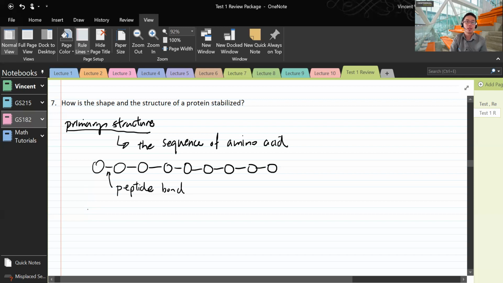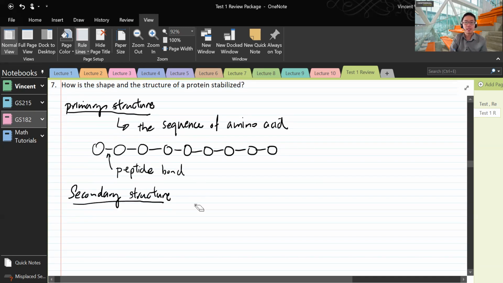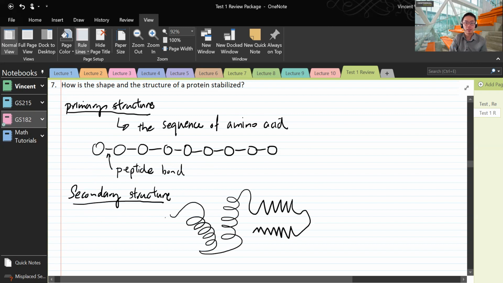That's something to know. And then we have the secondary structure. This is when the primary sequence coils up in some parts and forms zigzag patterns in other parts.